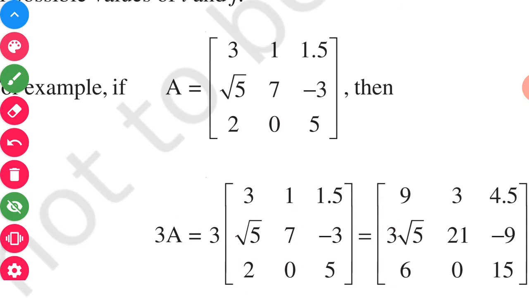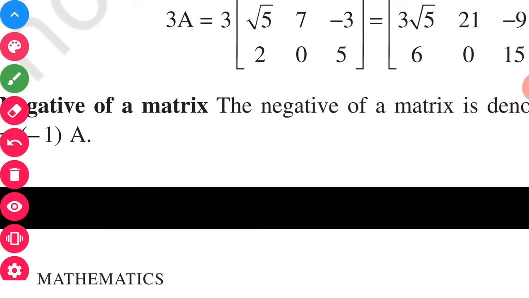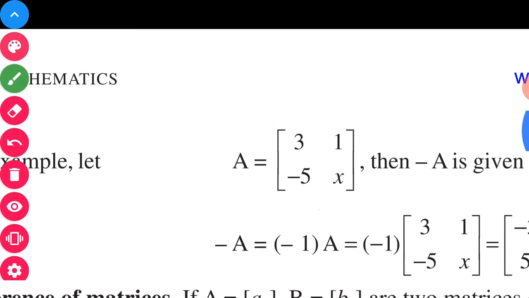So 3 into minus 3 is minus 9. 3 into 1 is 3. 3 into 1.5 is 4.5. Similarly, 3 into root 5 is 3 root 5. 3 into 7 is 21. Okay, so this is the meaning of multiplying a given matrix by a scalar, or by a number.